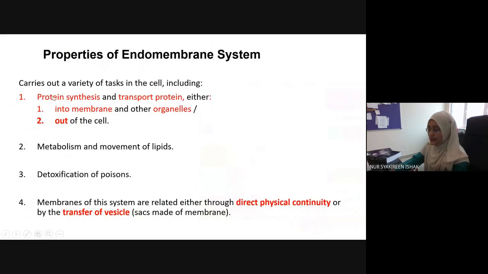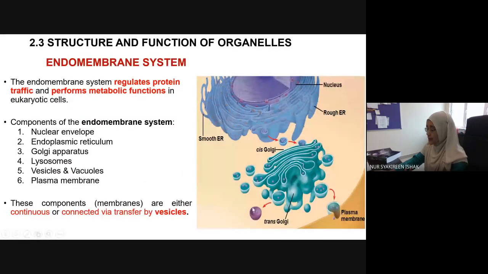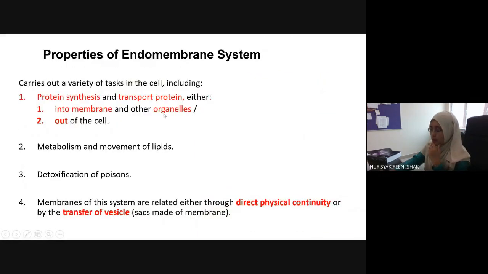That's why it is involved in protein synthesis and transport of the protein into membrane or into other organelles. Maksudnya dia akan masuk ke dalam Golgi apparatus, dia masuk ke dalam lysosome, contohnya. So that is into membranes or other organelles, right? And then or out of the cell. Ini saya tambah dalam nota awak tak ada, or out of the cell.